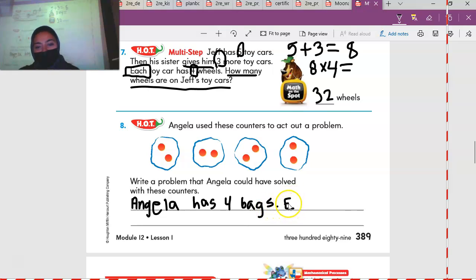Each. Very good. Each bag has 2 balls. Let's just say these are balls. Each bag has 2 balls.